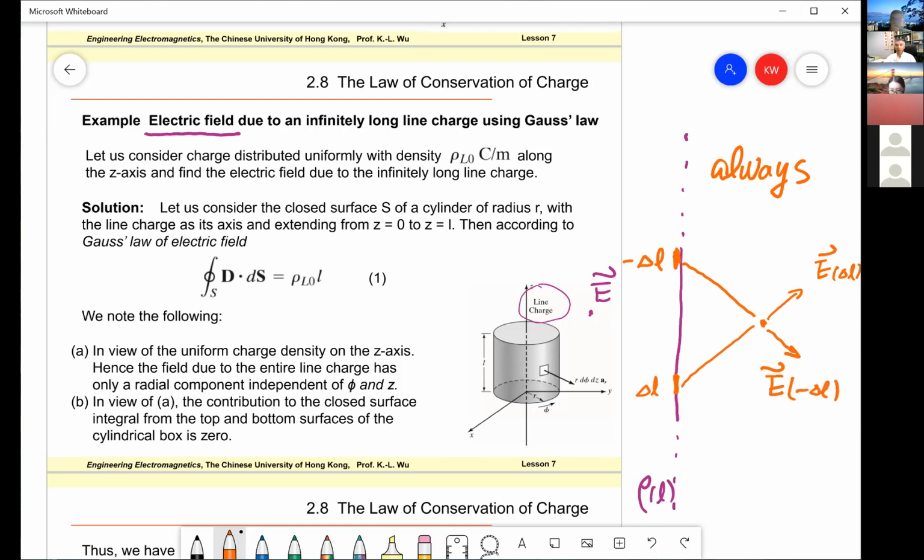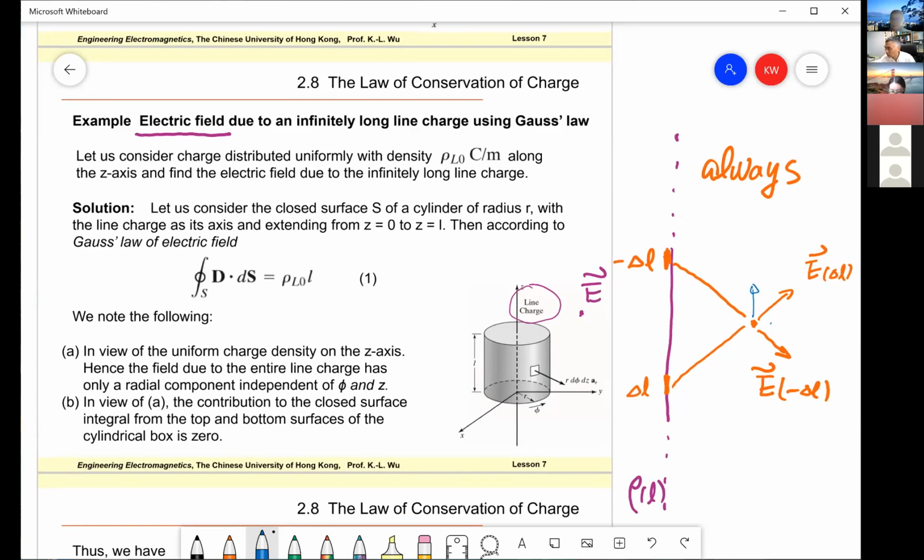As a result, this field has a component in the vertical direction and in the radial direction. The other field also has a radial direction, but in the opposite vertical direction.